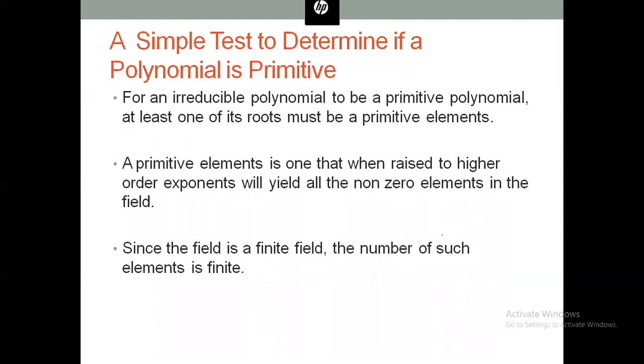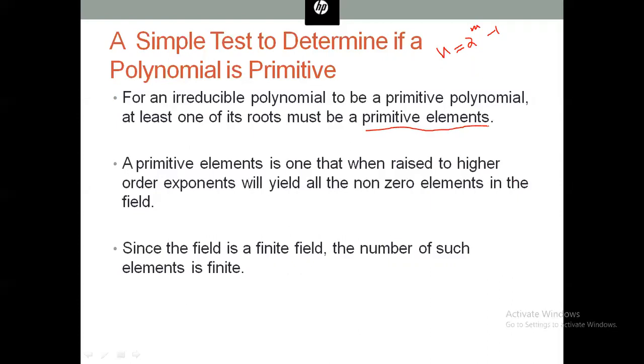So for a simple test of a primitive polynomial, one test is that n is equal to 2^m minus 1. Previously we learned only one rule for a primitive polynomial, which is 2^m minus 1, and the second rule we learned is that it is irreducible. Now we have the roots of this polynomial. At least one root must be a primitive element.